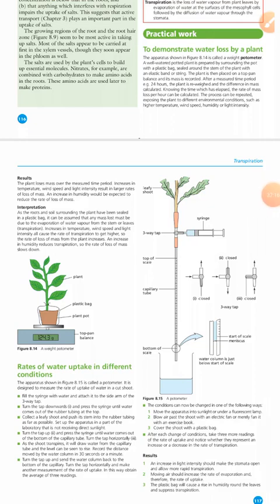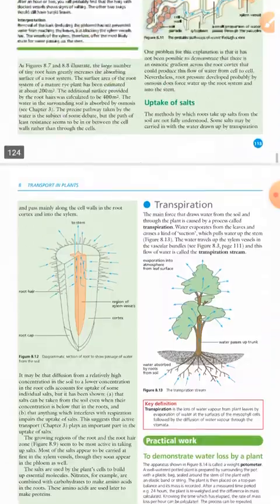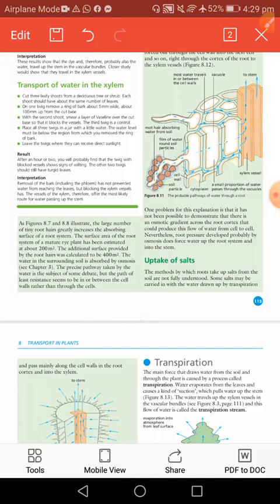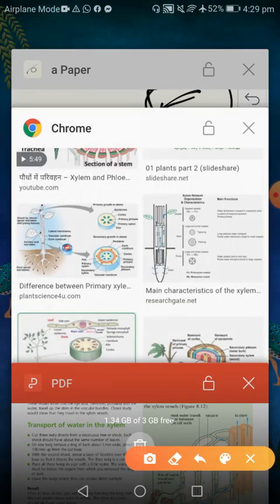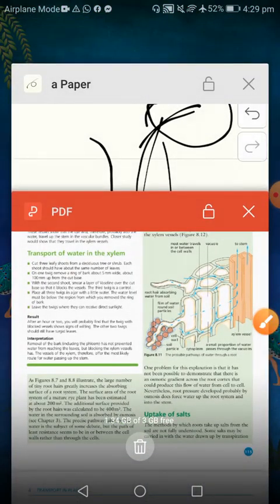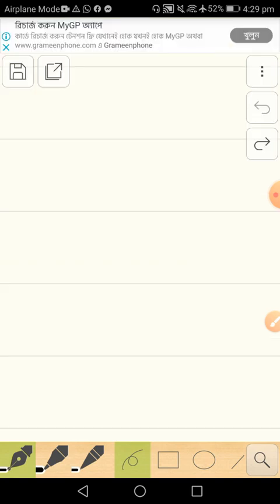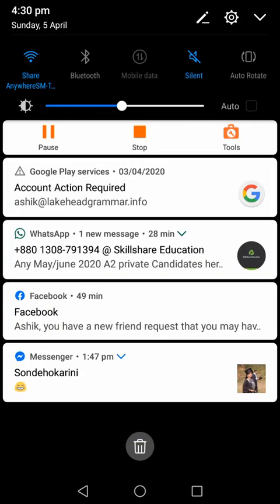Now in the root, we have gone into the details of the structure of roots.